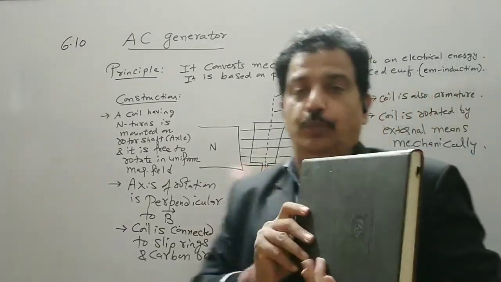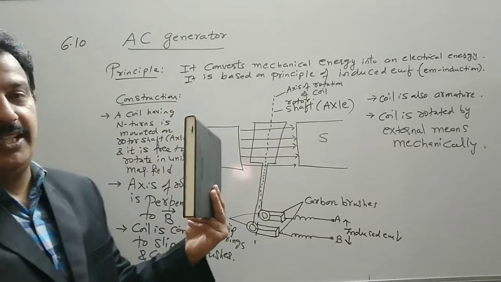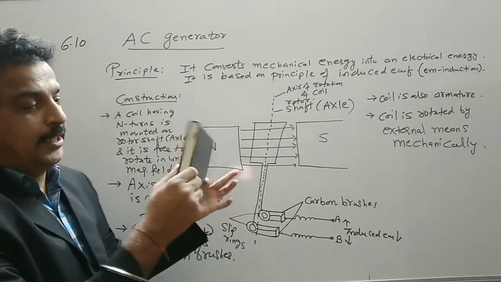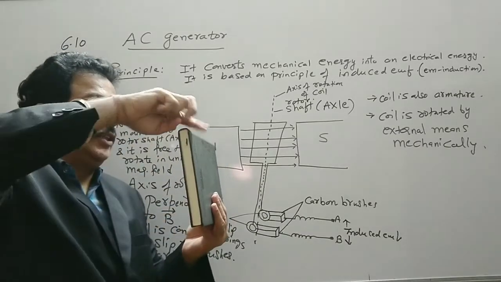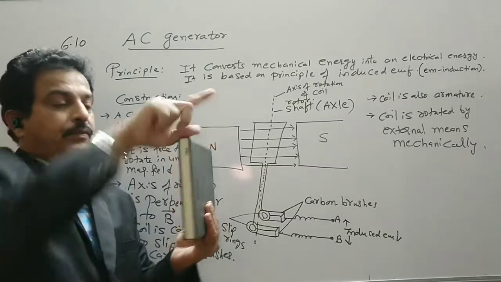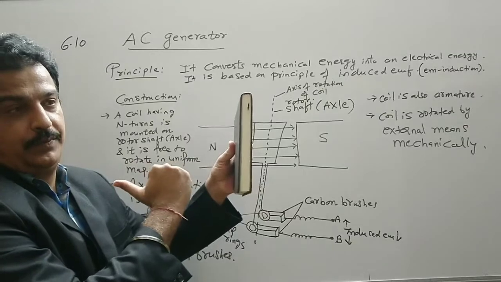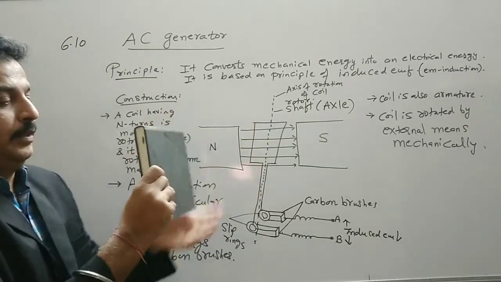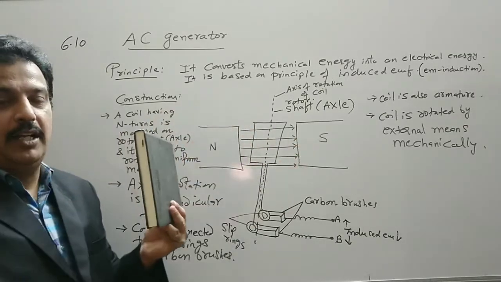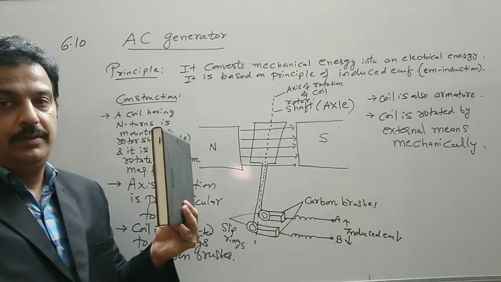And if you assume the coil is placed like this initially, and I have to rotate it clockwise, then the force on this end should be in this direction, and the force acting on this length should be in this direction. So area vector and the magnetic field are in the same direction.